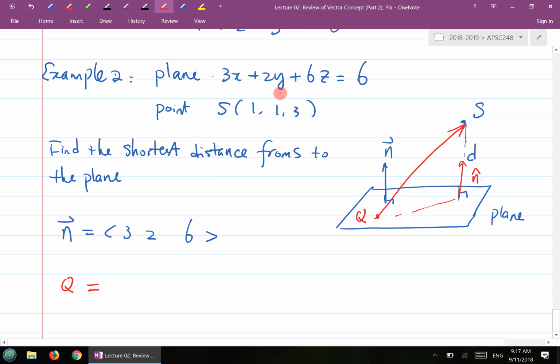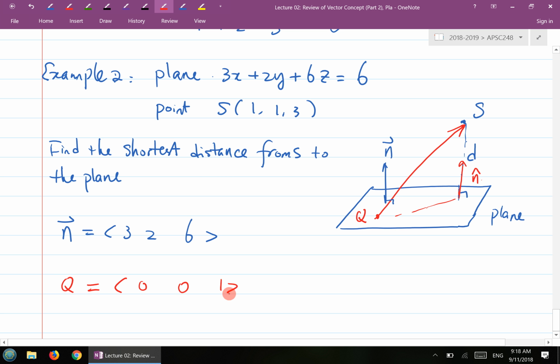Yes? Generate x and y coordinates and just find a z. Good, using the plane equation. But you don't want to complicate the situation. What would be the simplest way to generate x, y, z? Assume they're 0. Good. So can I assume x, y to be 0? Yeah. And then what will be the z? 1.